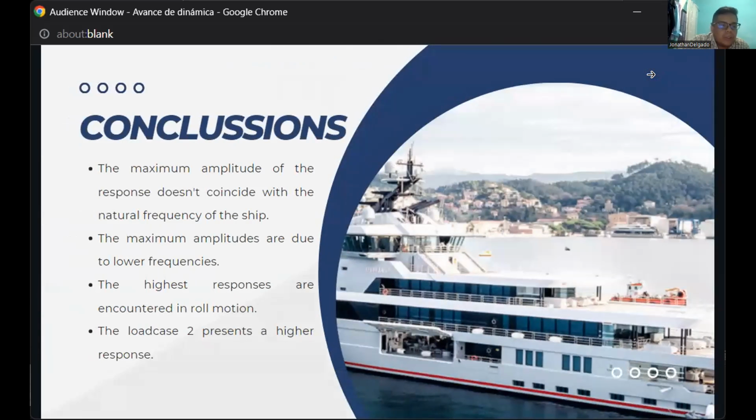Well, in conclusion, we have the maximum amplitude of the response that does not coincide with the natural frequency of the ship, and the maximum amplitudes are due to lower frequency. The high responses are encountered in roll motion, and load case 2 presents a higher response. Okay, here we have to be careful with the first conclusion.